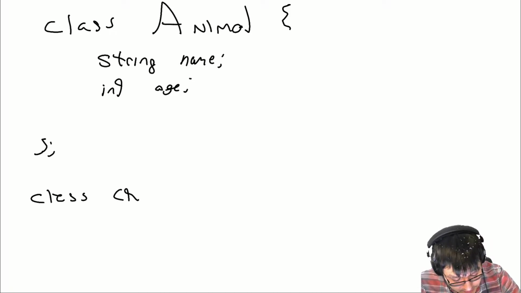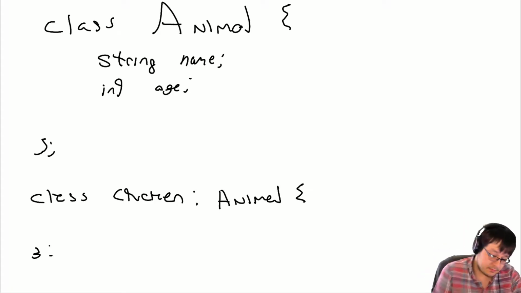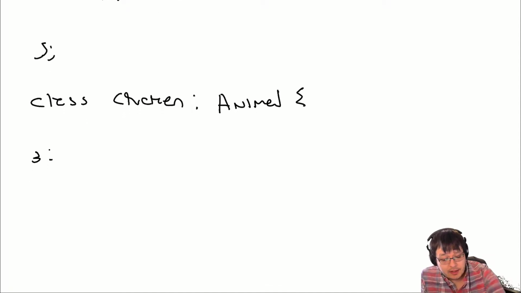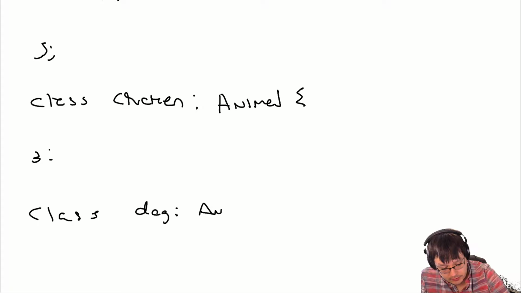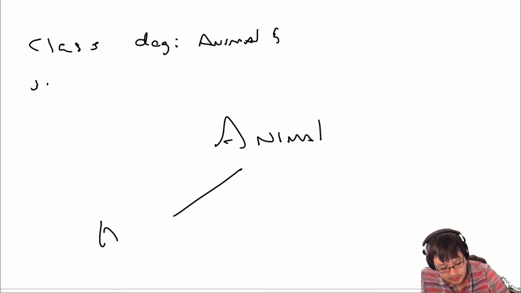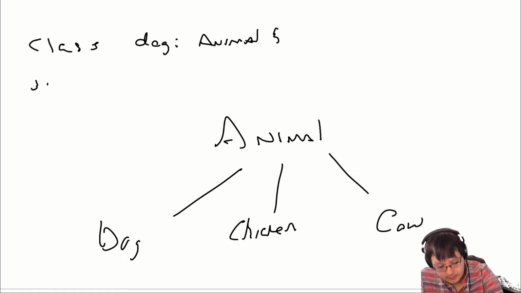You make class chicken, that inherits from animal, and that has its own things like, whatever chickens do, lay eggs. And then you could also have a class called dog that also inherits from animal. And so on, right? So what you essentially end up with is a hierarchy that looks like this. Animal, there's a dog, chicken, and cow, right?